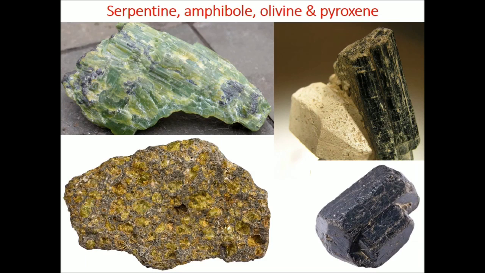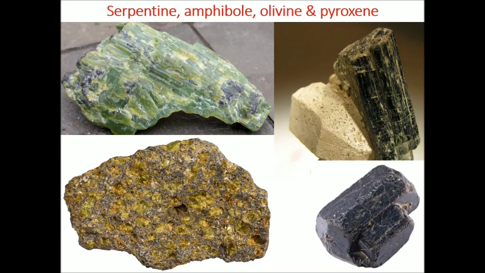And at the bottom left, the greenish colored rounded or sub-rounded pieces are olivine. Olivine is very susceptible to chemical weathering and hydrothermal alteration. That is why it alters.